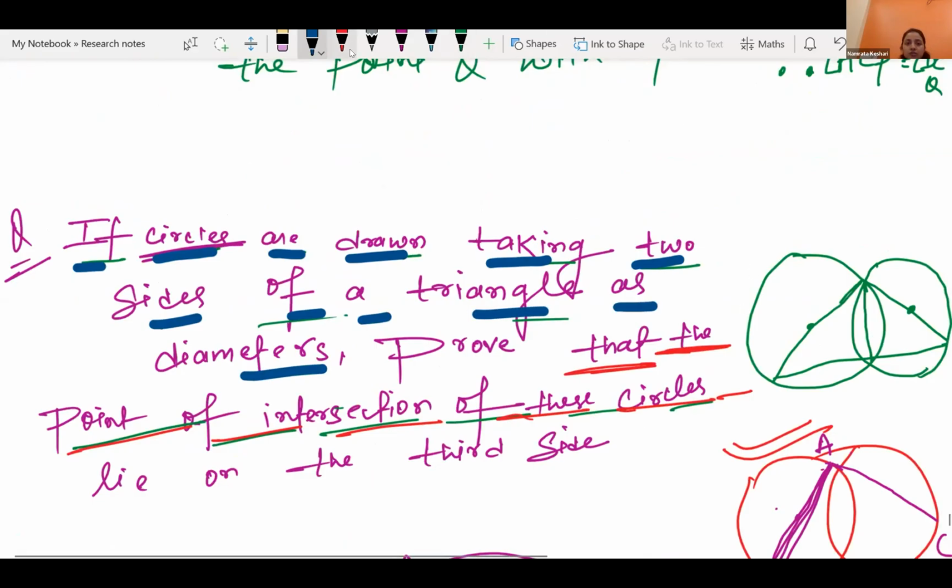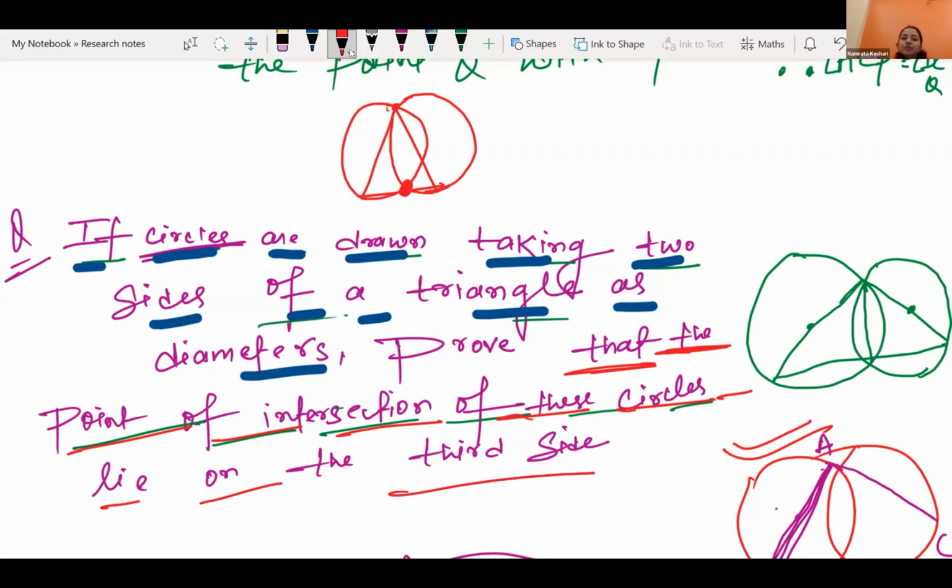So this side is a diameter, and the other side is also a diameter. Then we have to show that the point of intersection of these circles, forget about that point of intersection which is lying on the vertex, the other point of intersection lies on the third side. That's what we have to show.